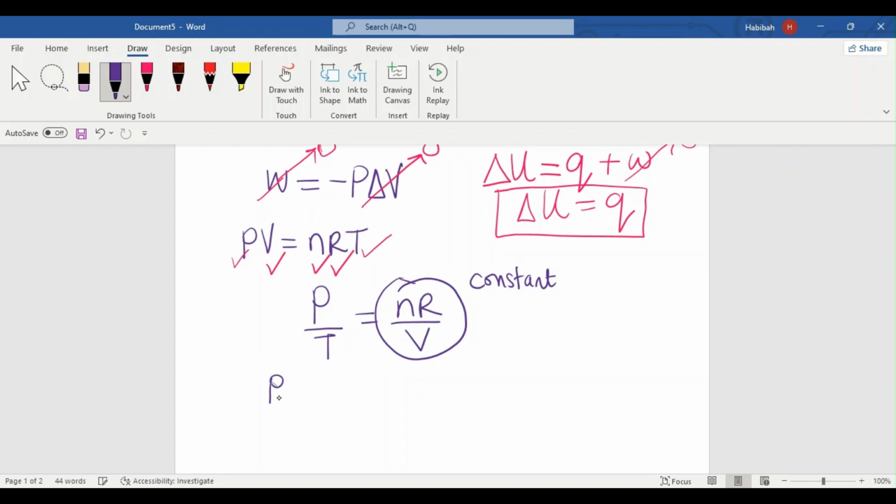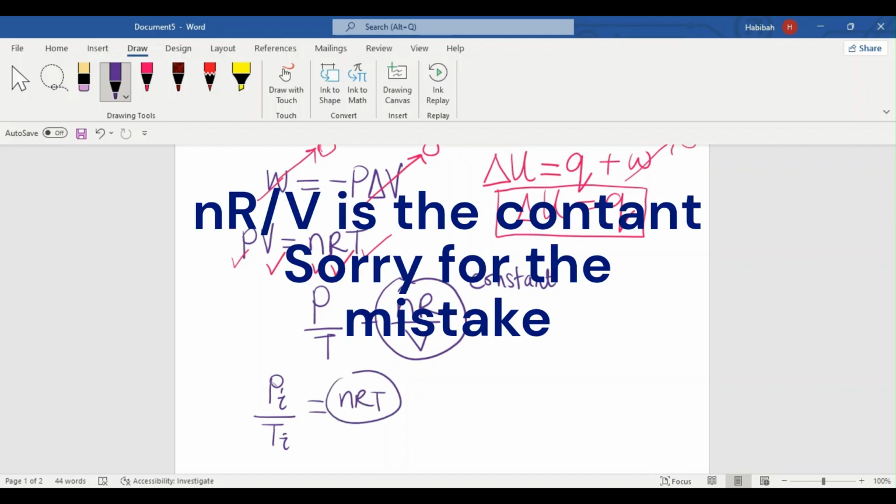Hence P initial divided by T initial has this constant, and P final divided by T final has nR over V as the same constant.